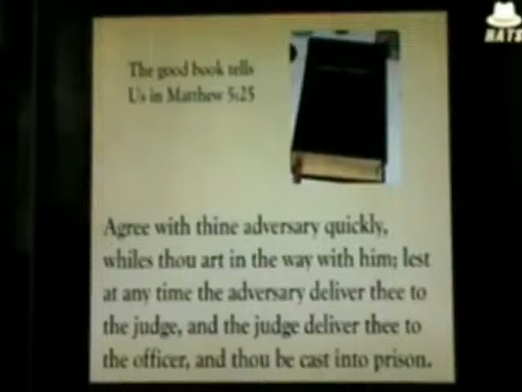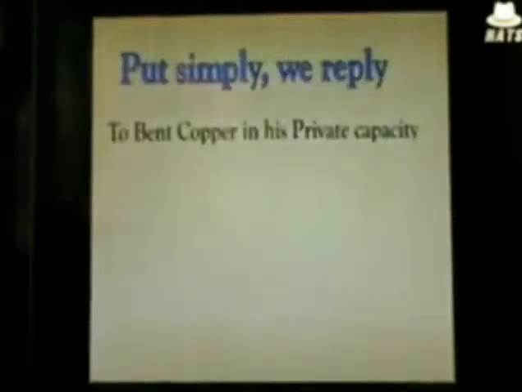So rebut it quickly. Send the paperwork straight back to the person who served it on you, rebutting that you are the defendant. Put simply, we reply to the bent copper in his private capacity.